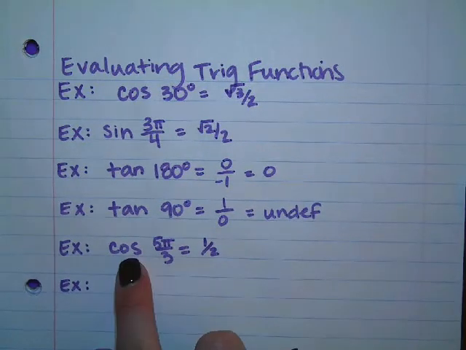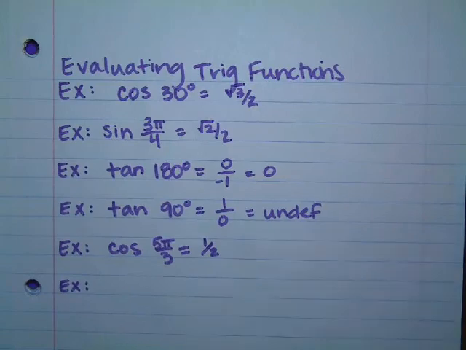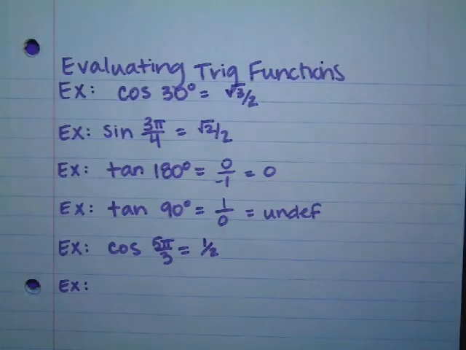Because cos says only the x coordinate. That's what we did, all the stuff we just did. It's a triangle.